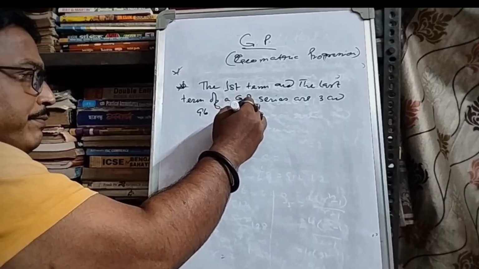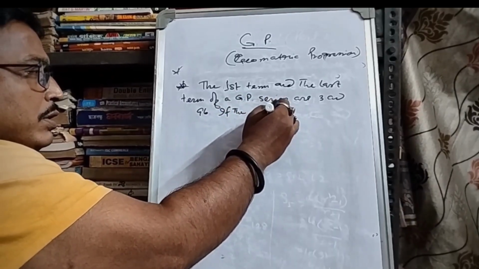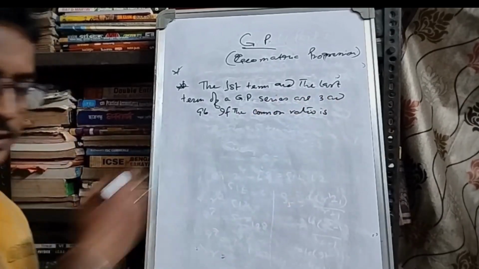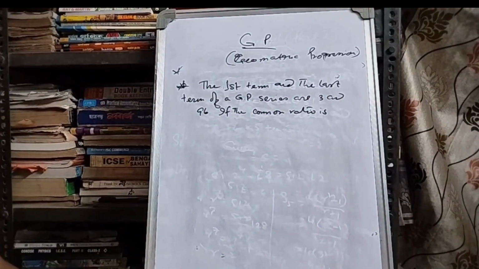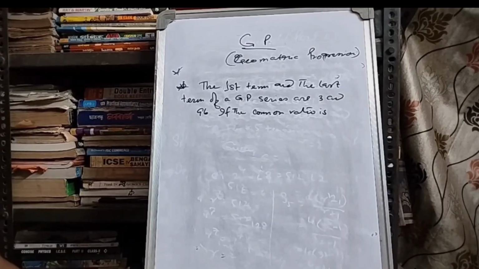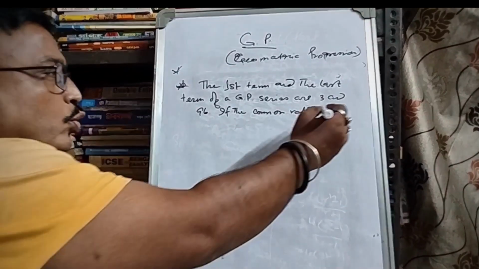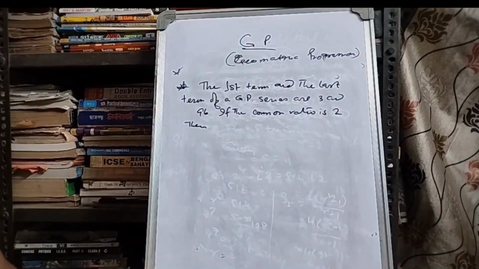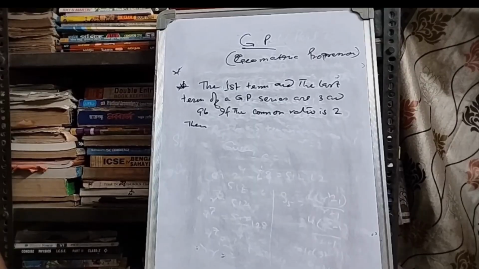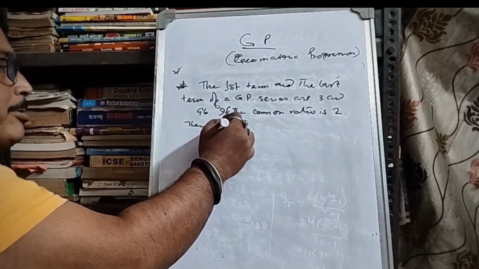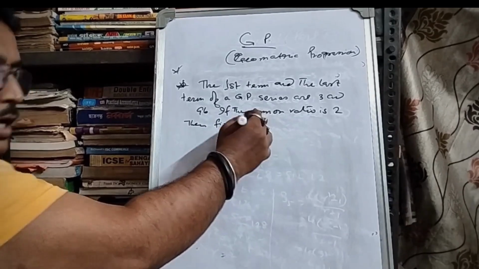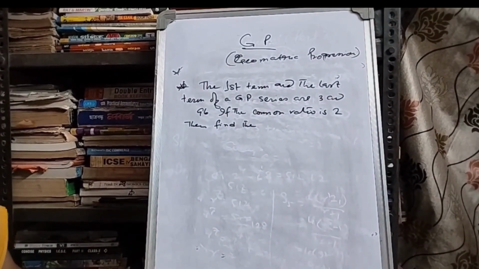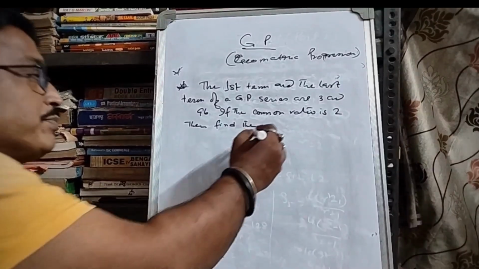If the common ratio is 2, then find the number of terms.